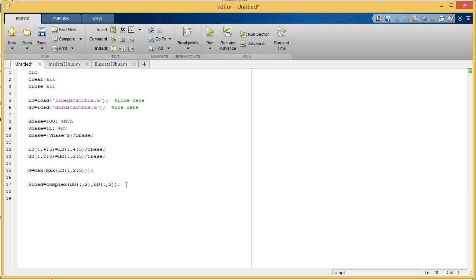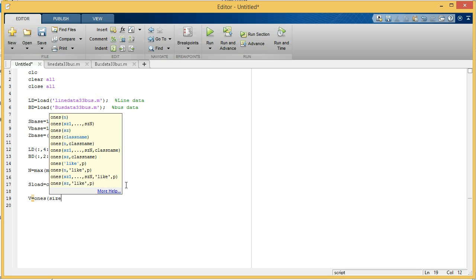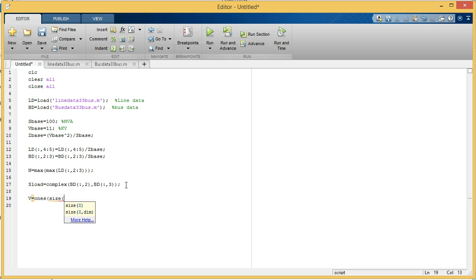And we define our initial voltages, which is defined by V, and we assume that all the bus voltages are 1 at first. This is equal to the size of BD.